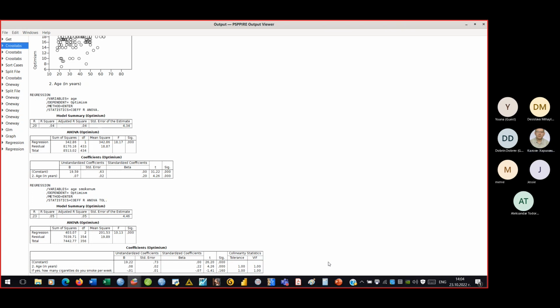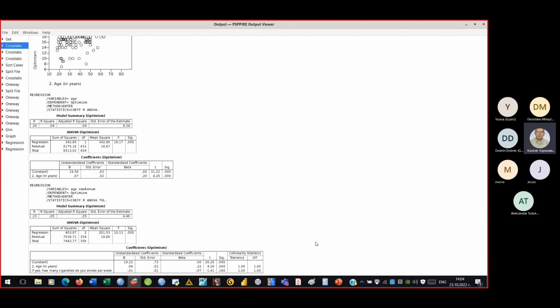So in our case, both independent variables are independent between themselves. There are no interactions between independent variables.